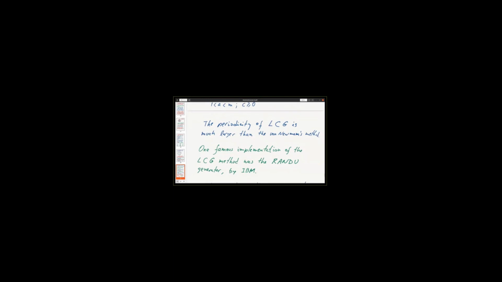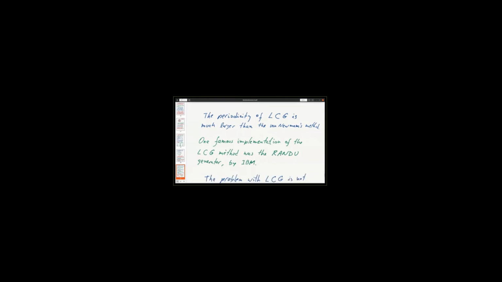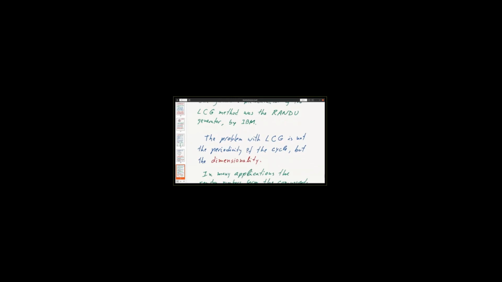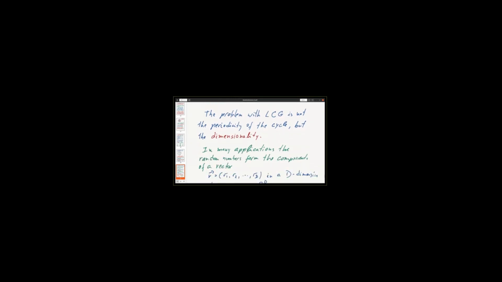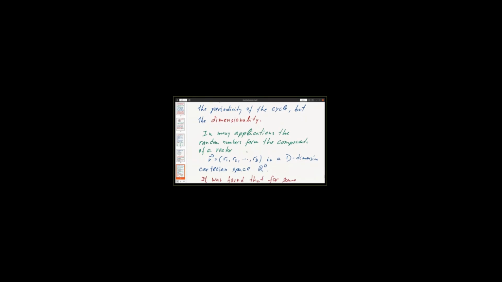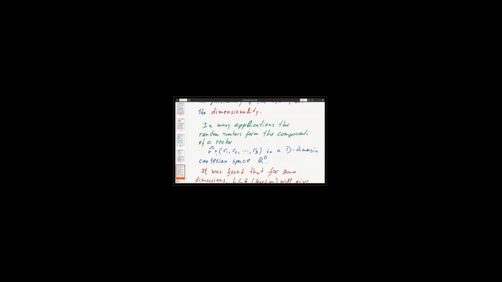Well, but there is another problem with LCG, is that many times what you want to do with this random number is not to use the random number directly, but build a vector in a space with dimension d. Okay, so you generate d random numbers, and these are the components of your vector in a space with dimension d.